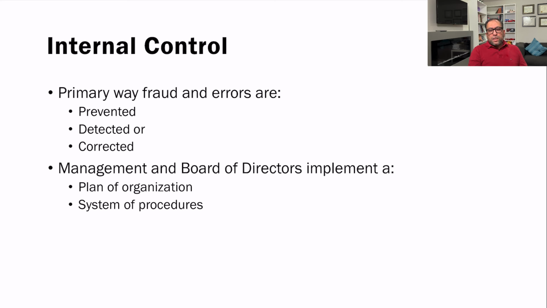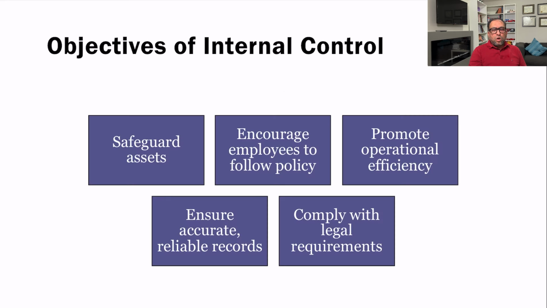Management and the board of directors implement a plan of organization. Whenever we talk about any organization, we look at its organizational structure. The way the organization is structured, like there is a CEO, there is a deputy CEO or a CFO, and then down the line we have directors, deputy directors, managers, sub managers or assistant managers, and then we have workers.